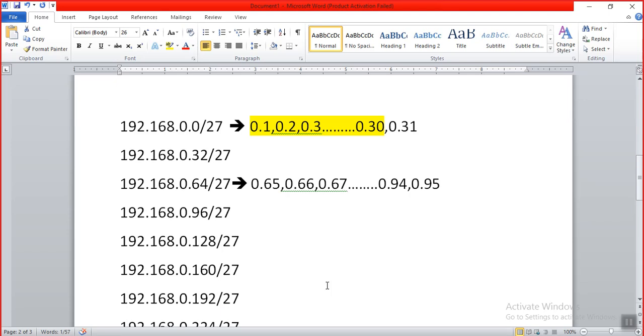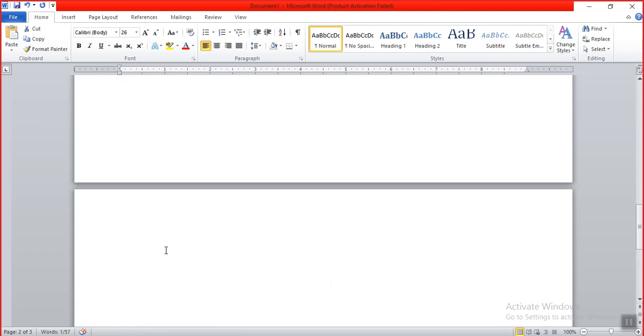Okay. Now say another example. 192.168.0.0/28. What happened? 28 means 8, 8, 8 and 0. This is the default. Now 28 means 4 plus 4. So this 24 plus 4 is 28.